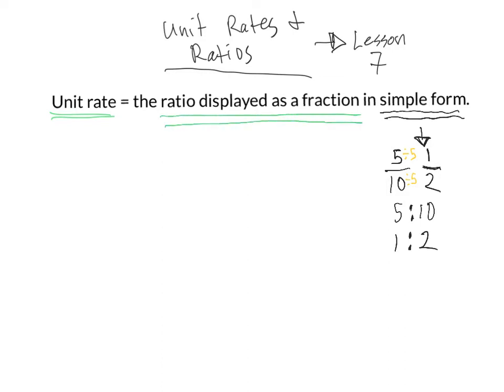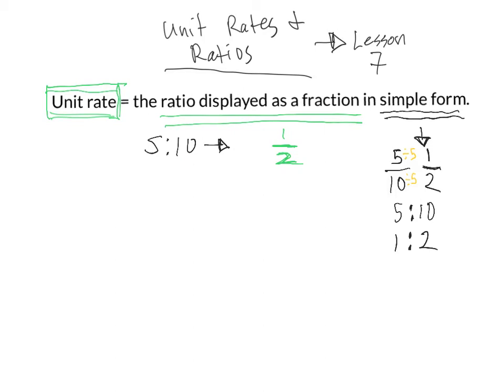Well, just like what we see here, if we have a ratio of 5 to 10, then the unit rate, and let's do unit rate in green, the unit rate would equal 1 over 2.